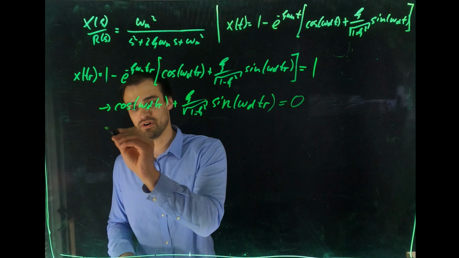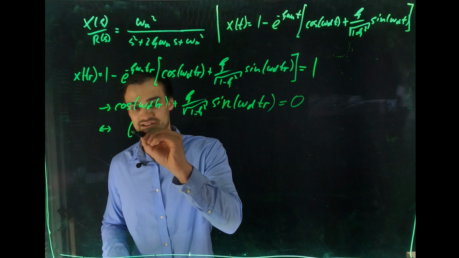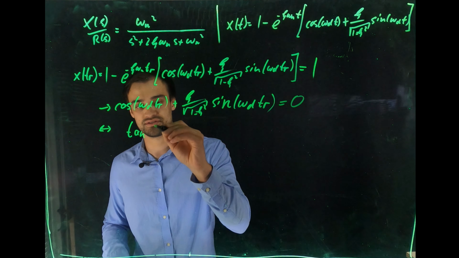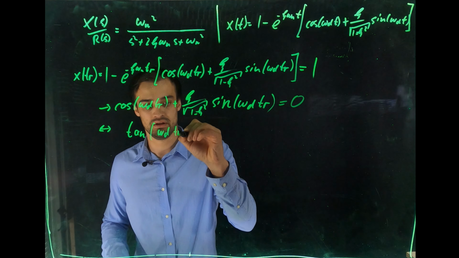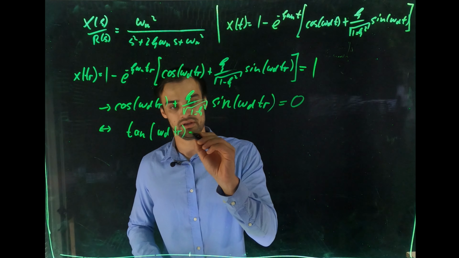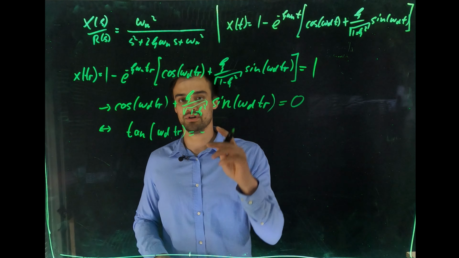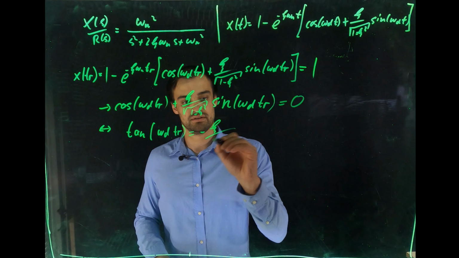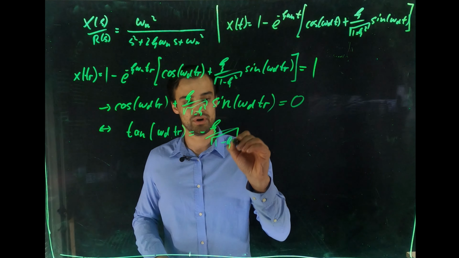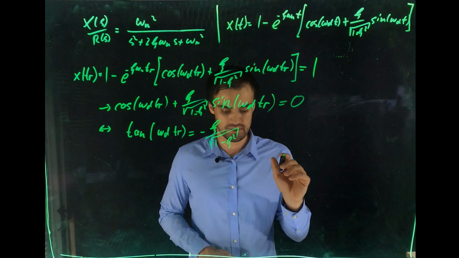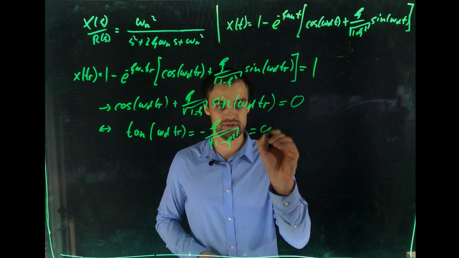This can be further simplified into tangent of omega d tr equal to minus square root 1 minus zeta squared over zeta.